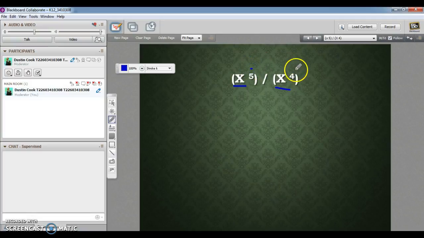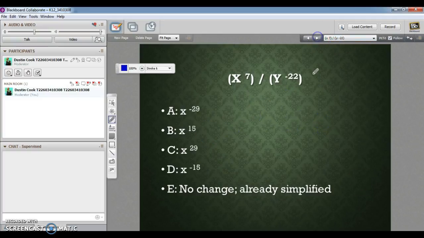Now it's just 5 and 4. So it's x to the 5 minus 4, or x to the 1, which we can just simplify down to x, right? X to the 1 is just x. So that's how that works. It's subtraction. So now you try this one and see if you can get the answer. So pause the video.